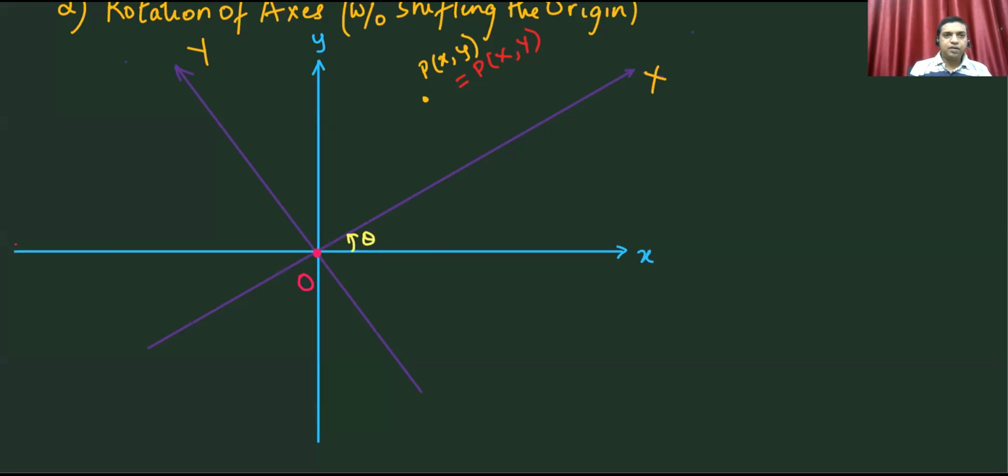So now let us just draw a few lines. First, from P, you drop perpendiculars to the old coordinate axis. That's the first step. This is perpendicular, so this distance will be small x, this distance will be small y. Now again we drop perpendiculars from P to the new coordinate axis.